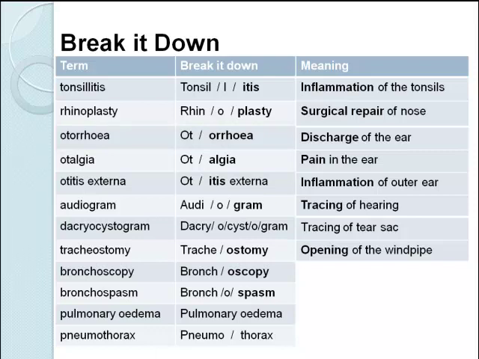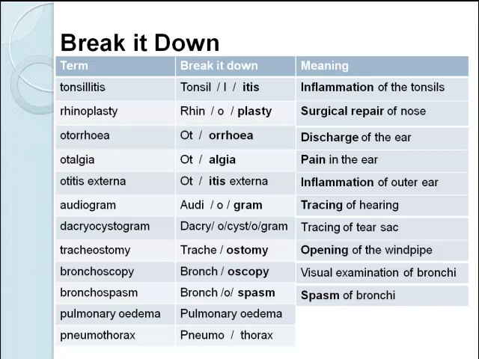Bronchoscopy, oscopy is our suffix, and oscopy means visual examination with a lighted instrument of the bronchial tubes. Bronchospasm, well spasm just means spasm, so muscle spasm really, so this is quite simple, it's spasm of the bronchial tubes or bronchi.